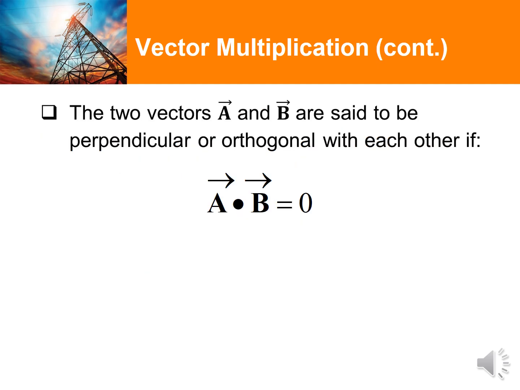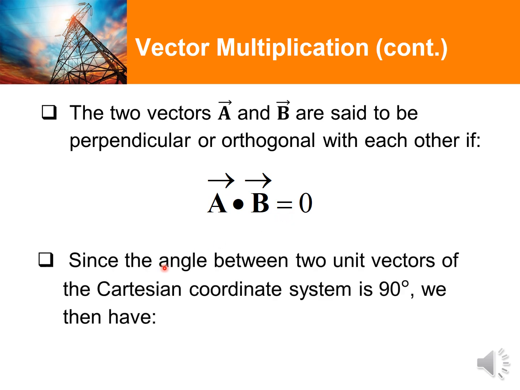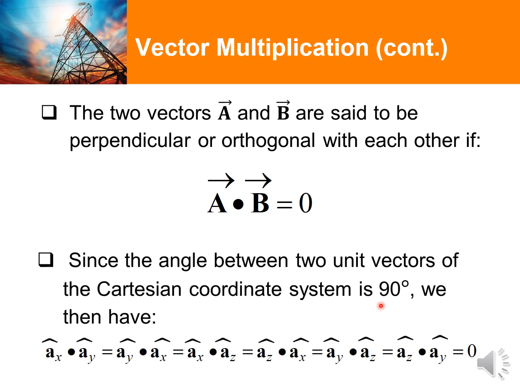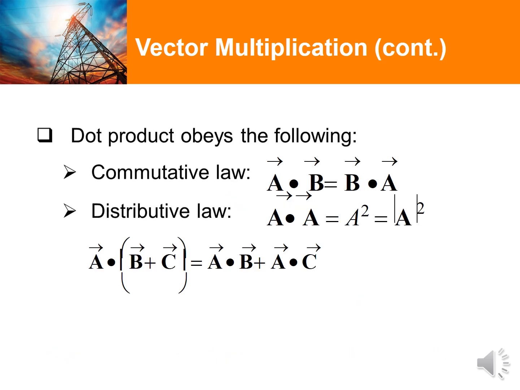Two vectors A and B are said to be perpendicular to one another if the dot product between them is equivalent to 0. The reason is that two different unit vectors are separated by 90 degrees, and based on the definition of dot product, the cosine of 90 degrees becomes 0.